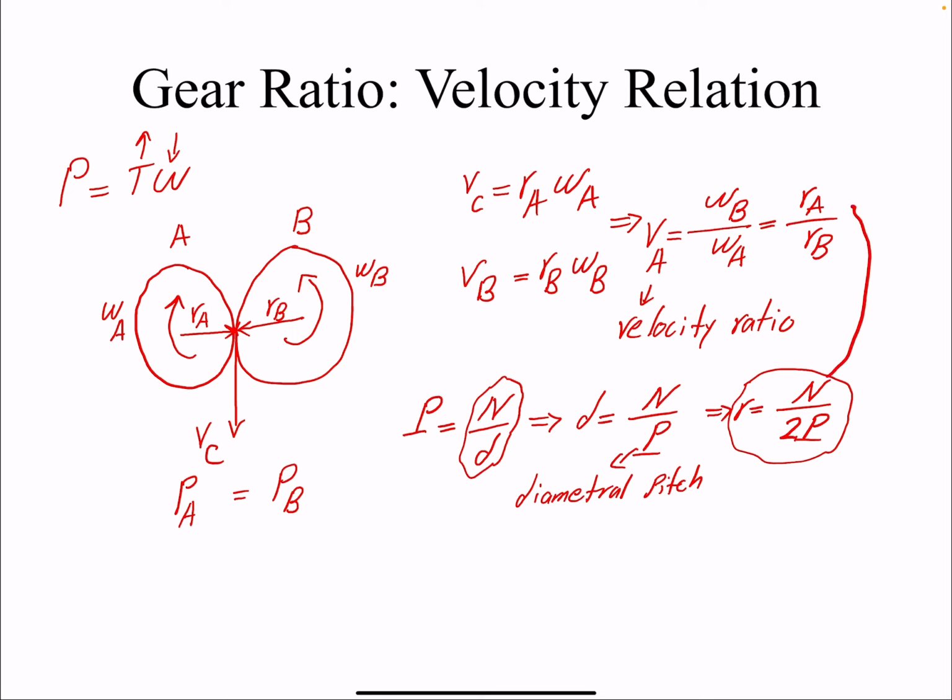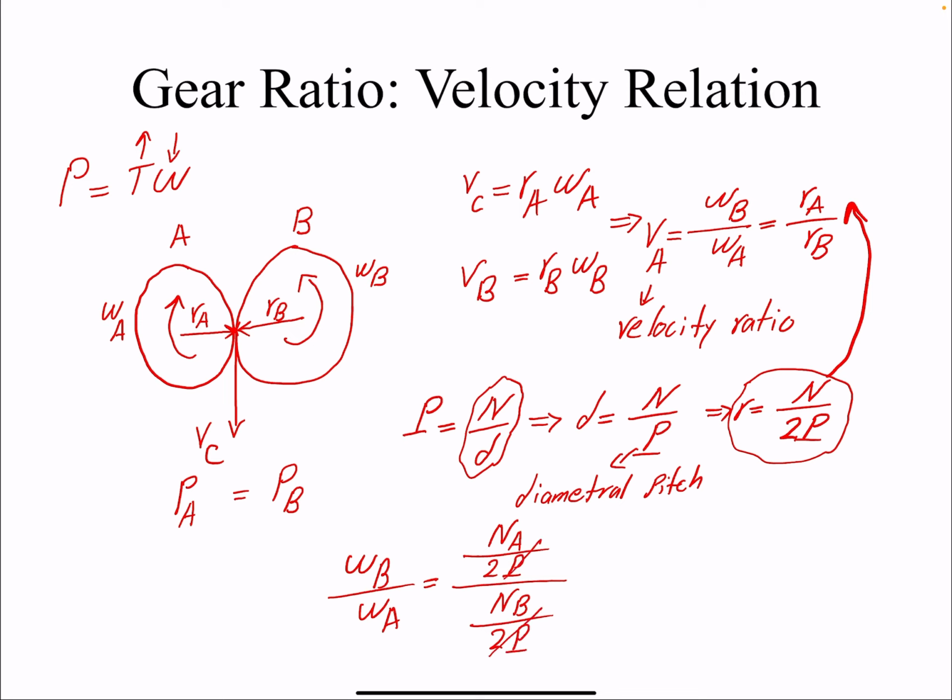So if I replace this R into the equation here, I get omega B over omega A. Instead of RA, I write NA over 2 times the diametral pitch, and NB over 2 times the diametral pitch as well.